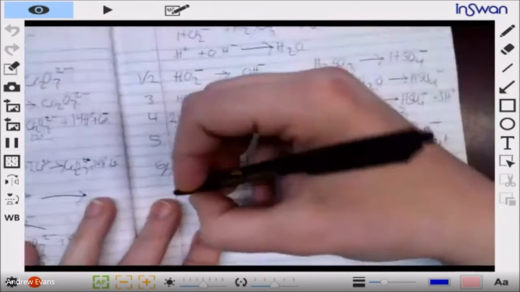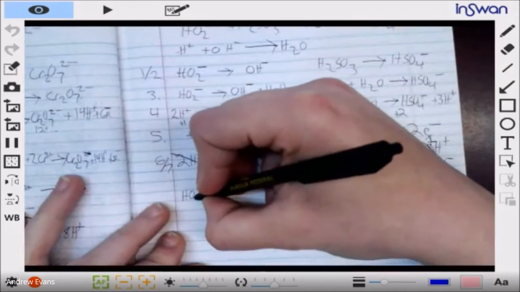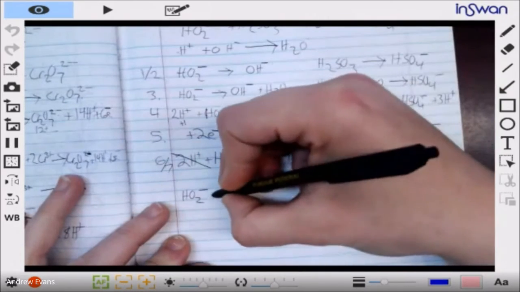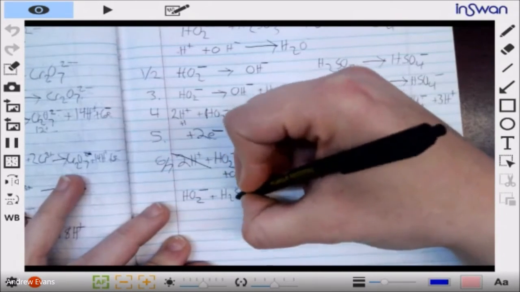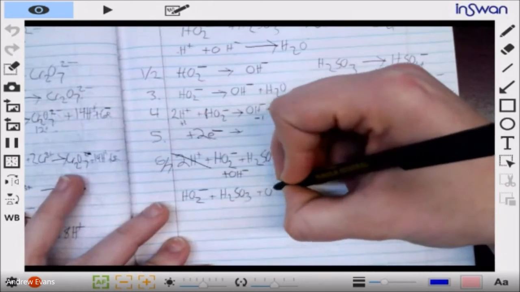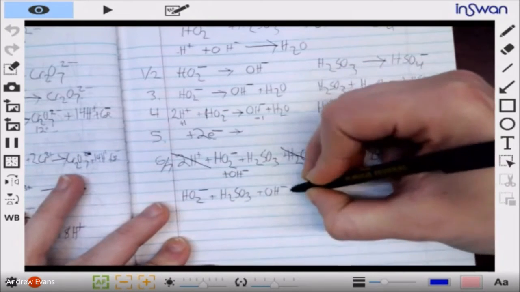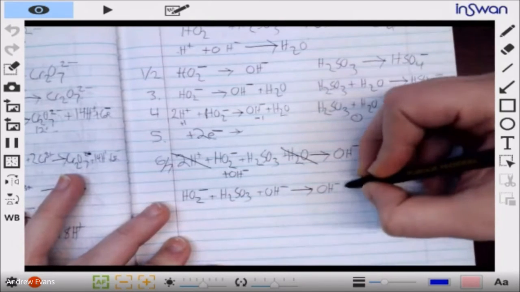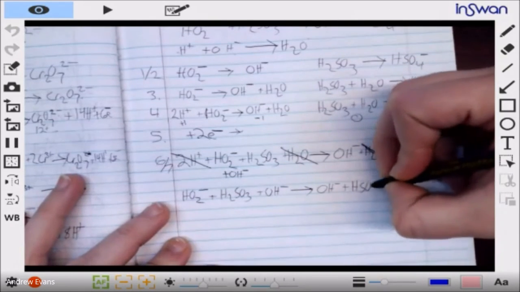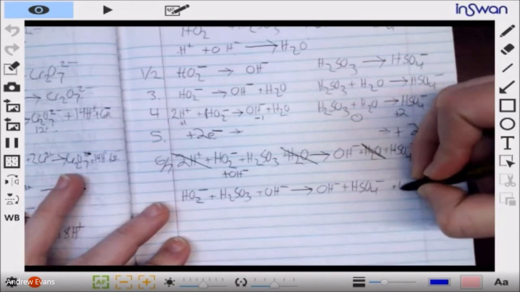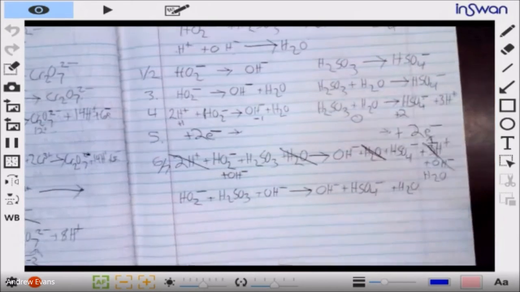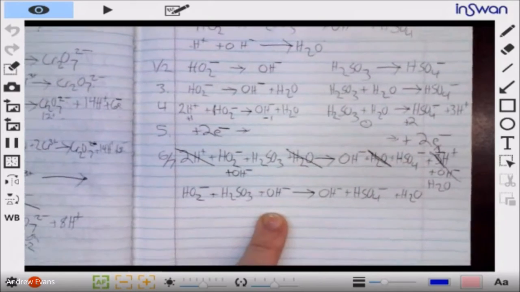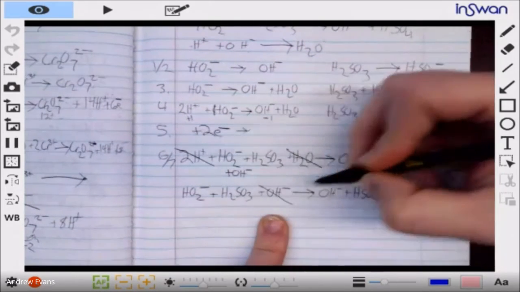So now let's rebalance it. HO2 1 minus, H2SO3, and OH minus goes to OH minus, HSO4, and water. Well, now we have an OH minus on both sides. I can cancel those out.